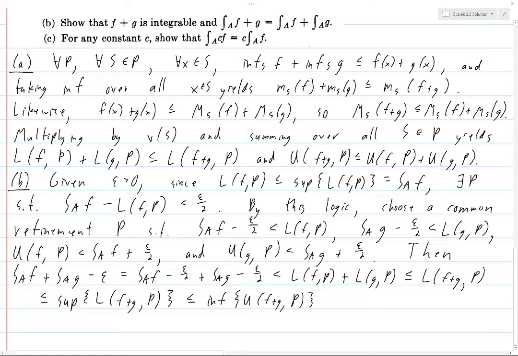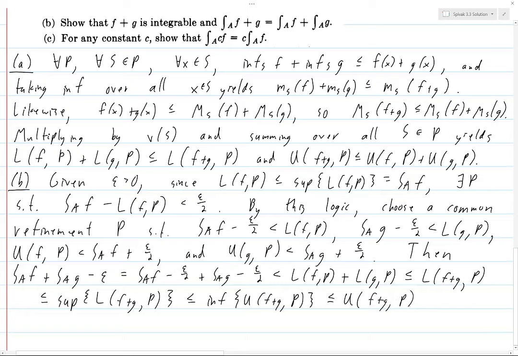And of course, these two things here are the things that we want to prove are equal, and whose value is equal to the integral of f plus the integral of g. Assuming that these are equal, their value is what we define to be the integral of the function f plus g. Okay, now of course this infimum over all partitions P of U(f+g, P) is going to be less than or equal to U of this particular partition P, the special one that we've chosen.